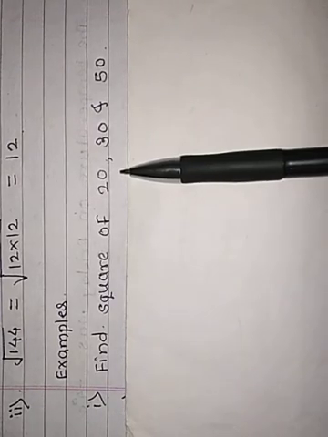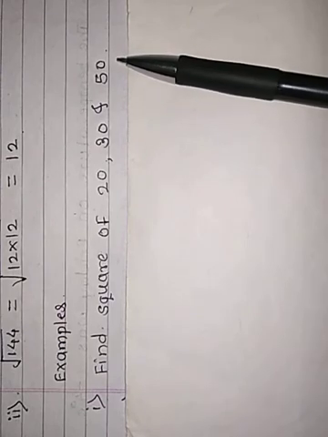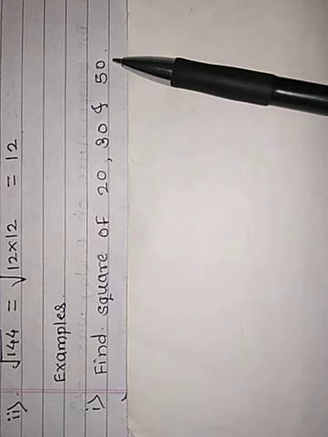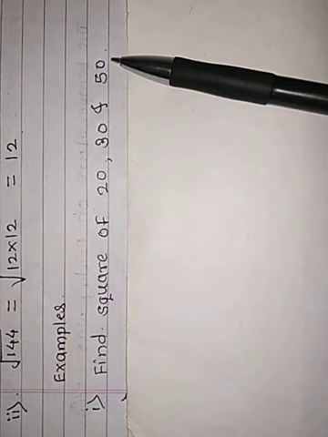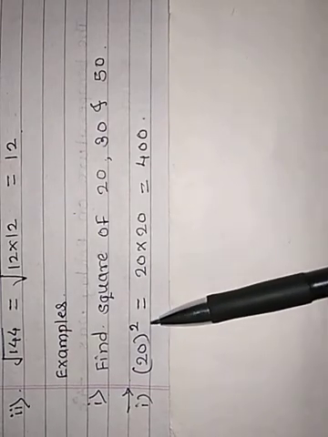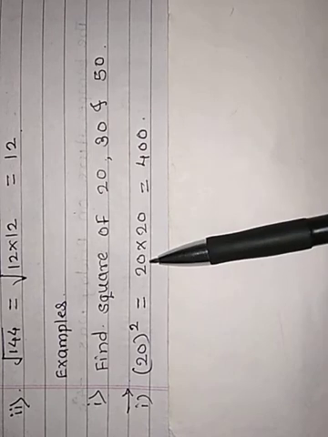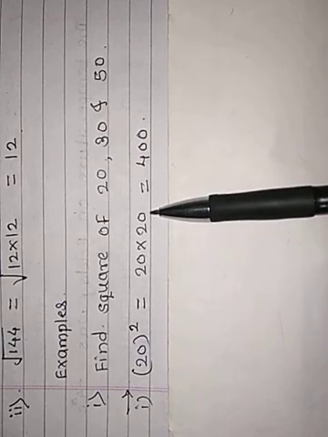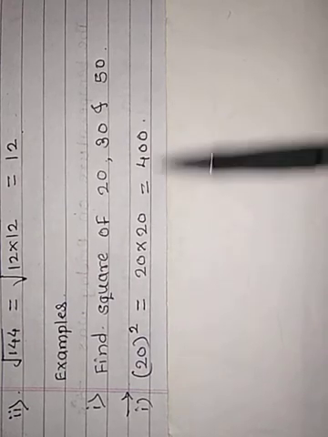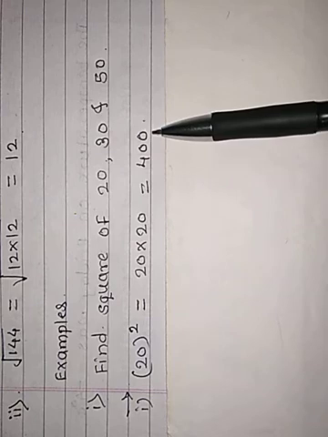Find the square of 20, 30, 50. All of you know how to find the square of given numbers, right? See here, 20 square. How can we write 20 square? It will be 20 into 20, which means we multiply the number with itself to get its square. So 20 multiplied by 20 will be 400.